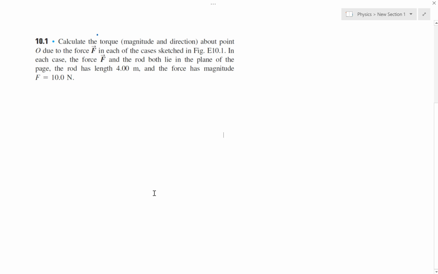All right, so we're going to see 6 different examples of a very simple system. And what we're going to do is calculate the torque. We're not really going to worry about this direction piece per se right now.